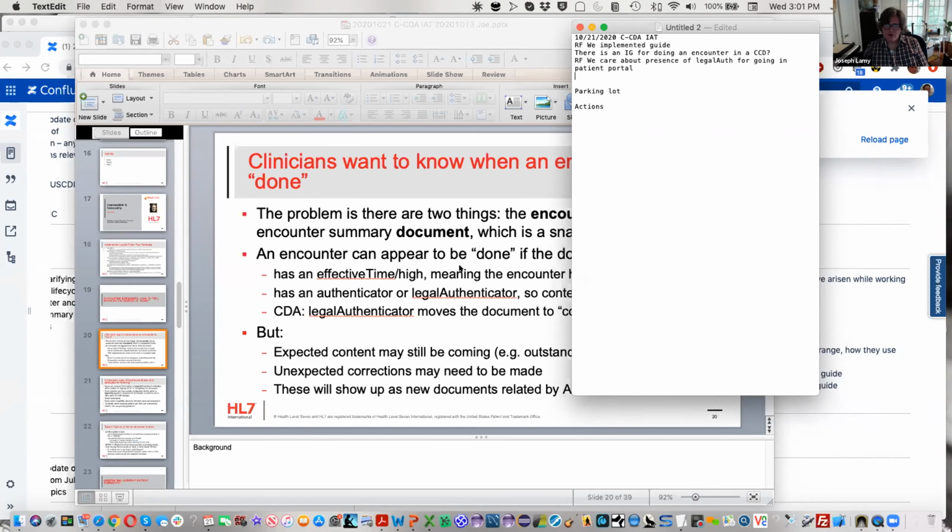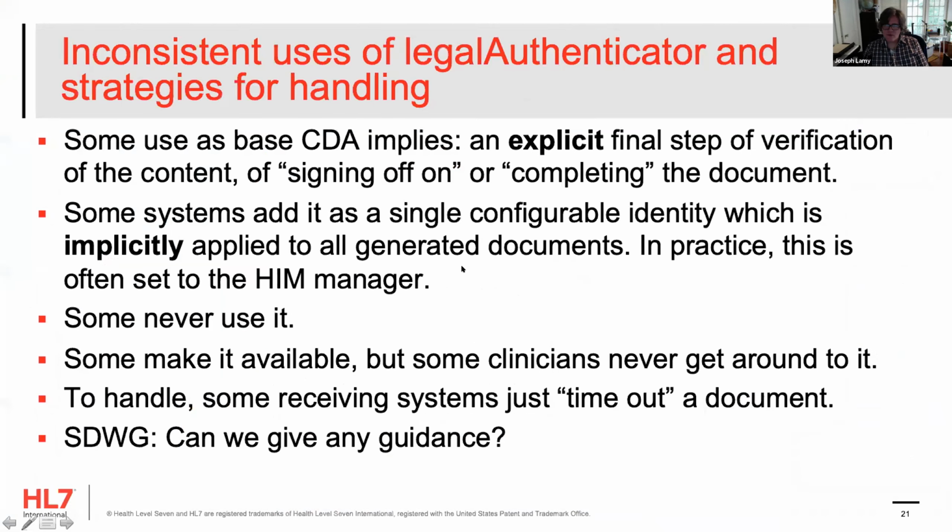All right. So real quickly, is there any guidance that you think we should provide about legal authenticator, or is it good to go? This will go back to my other comment about author, performer, custodian, legal authenticator.